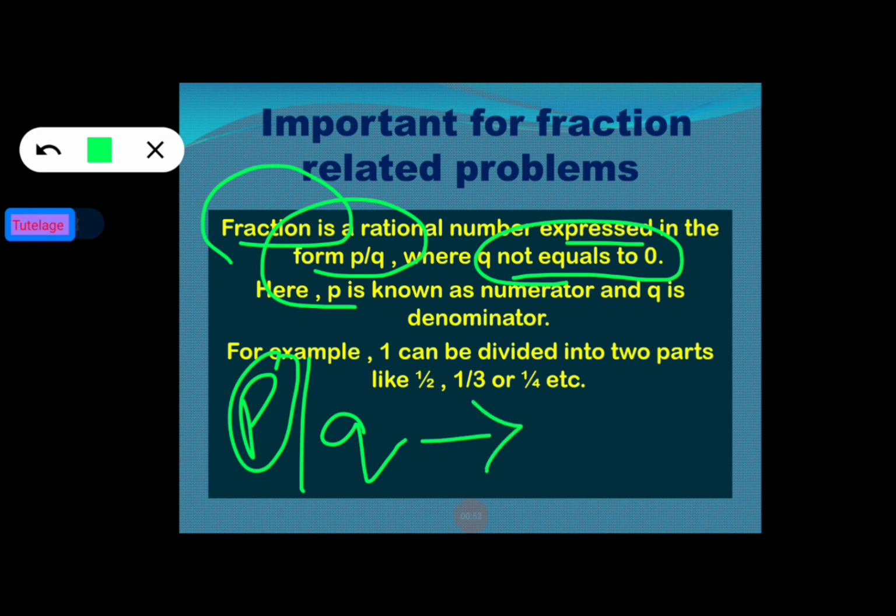For example, the rational number 1 can be written as 1 by 2 or 1 by 3. Here 1 is the numerator, denoted by capital N, and 2 is the denominator, which is called capital D. I think this is clear, what is a fraction and an example of a fraction.